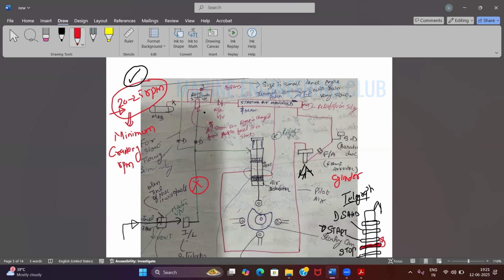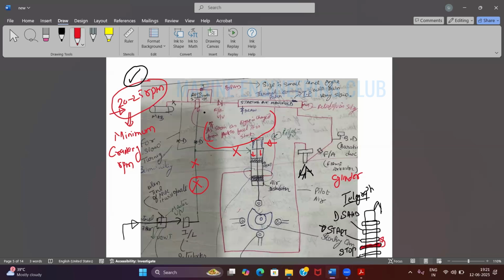If this is cut off, what will happen to my air starting valve? It will be shut. If this air is not present over here, what are my springs going to do? It is going to pull my plunger up. Agreed? Distributor plungers will be pulled upward by the spring pressure.